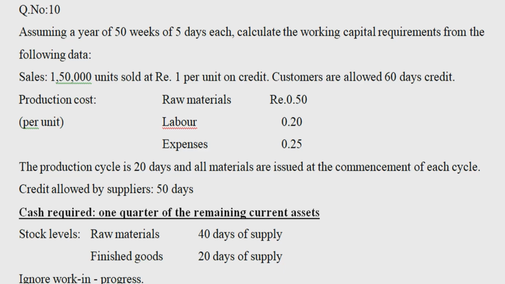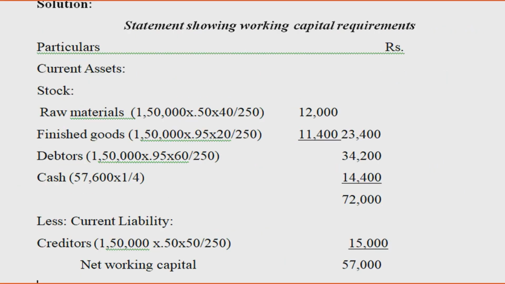So 40 divided by 250. Why 250? They asked you to assume a year of 50 weeks of 5 days, so 50 into 5 you get 250 days on the whole. So raw material: 1,50,000 into 0.50 into 40 days divided by 250. So you will get 12,000.